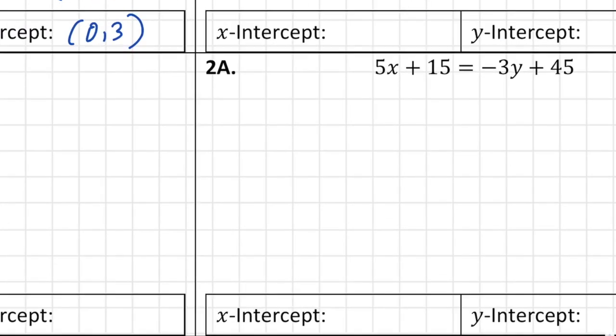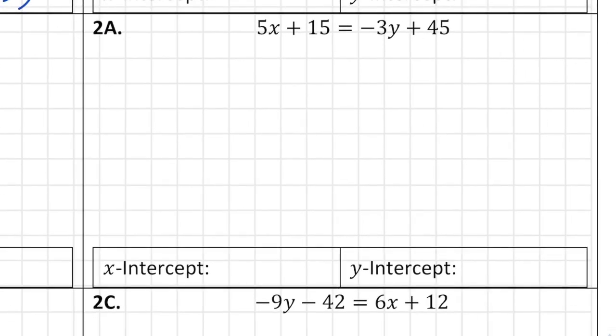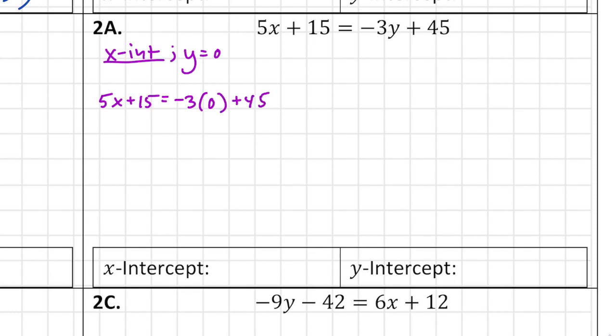So let me start again with the x-intercept. Remember, that's when y is equal to 0. And let's see, we've got 5x plus 15 is equal to negative 3 times 0 plus 45. Negative 3 times 0 is 0, so really what I've got is 5x plus 15 is equal to 45.